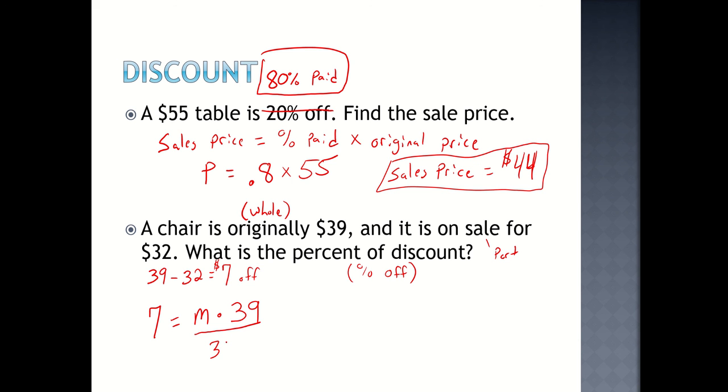So we'll divide both sides by 39 here. We are multiplying the whole by our percent off, which gives us how much money we got off. So 7 divided by 39, we should get 18, and we do. M is equal to 0.18 roughly when we round it, which is 18%. So either way, you get 18%.